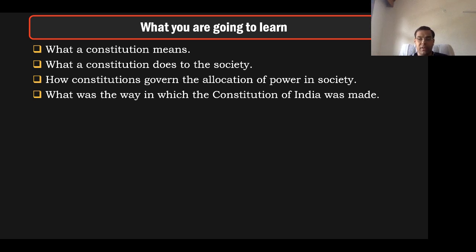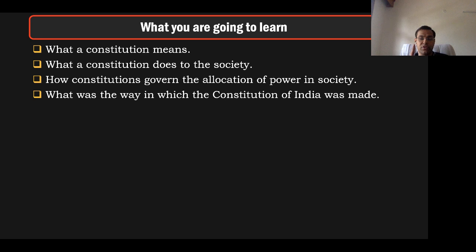These are the things that we need to address. Highly important. So the constitutions governing the allocation of power in a society, the way in which the Constitution of India was made, what all the Constituent Assembly deliberated upon, all of these questions need to be addressed.